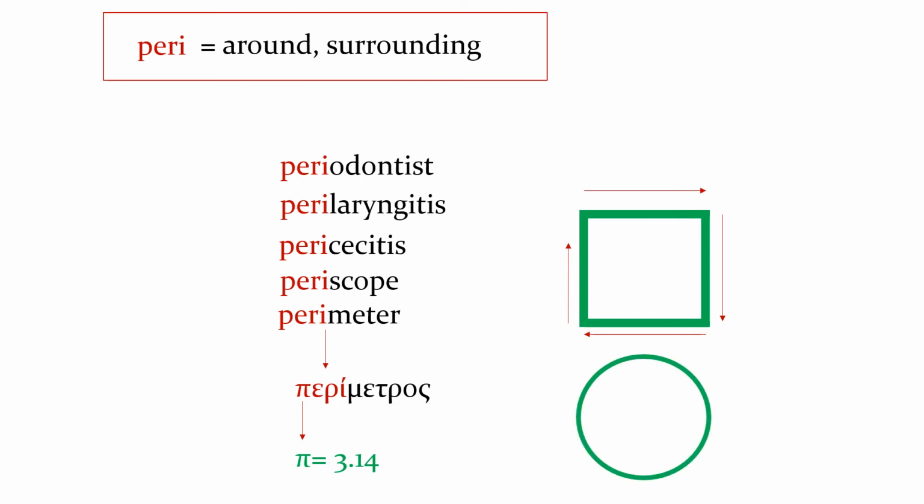Interestingly, and it comes from the Greek word perimetros, interestingly, it was also the source of the letter pi, or as we say in Greek, pi, because perimeter was the concept that they used to originally figure out circumference.